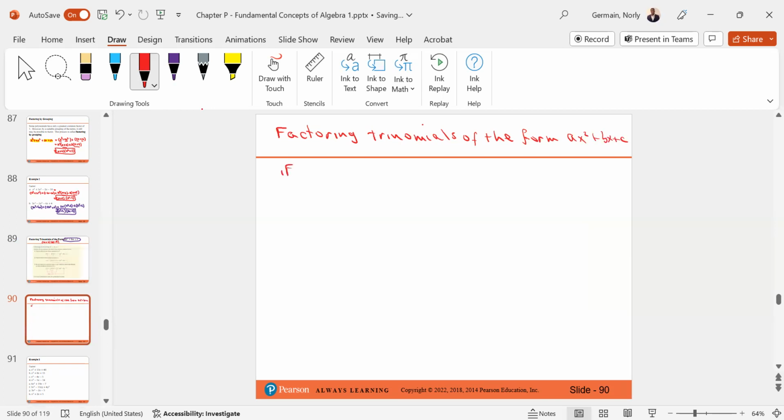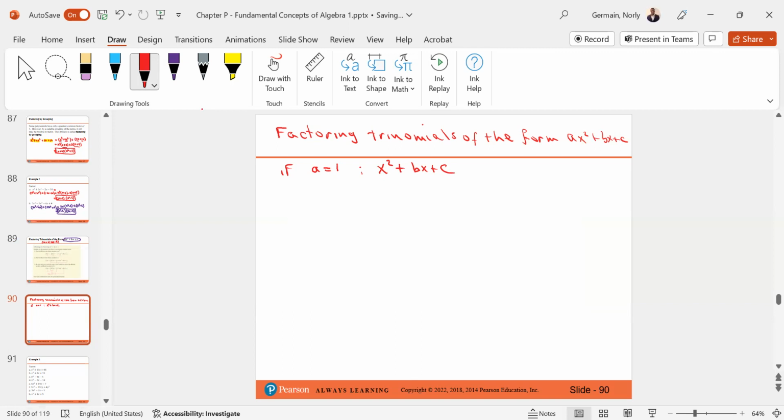If a is equal to 1, then you have only x squared plus bx plus c. Okay, so if a is equal to 1, then you only have x squared plus bx plus c.